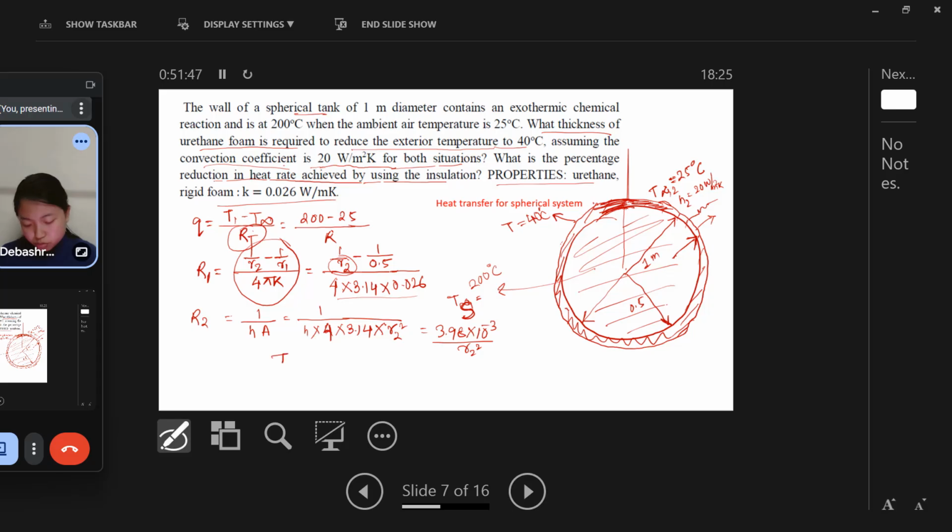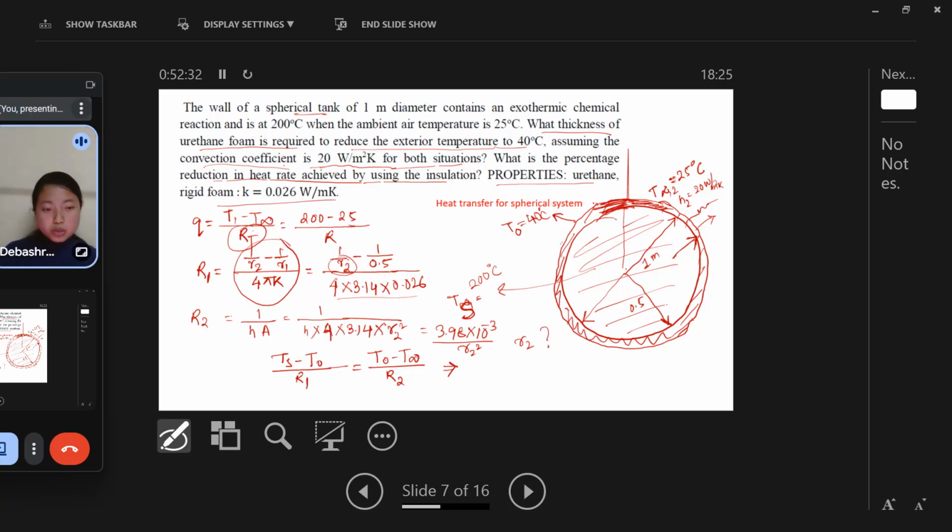So you have Ts minus, suppose it is T naught. So if you equate these two, you can find out what is R2.